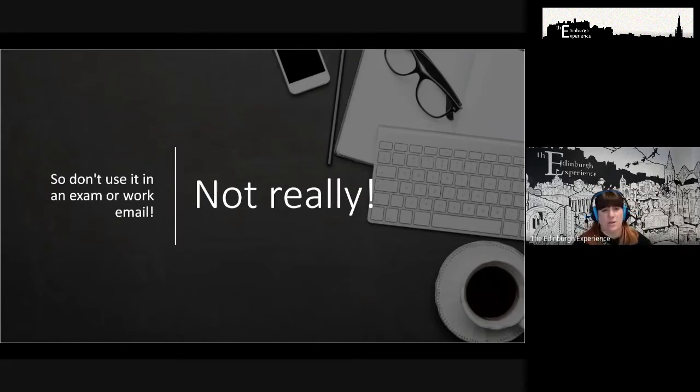It might appear in older English, it's a bit more archaic. So it does have a high frequency because of that reason. But it's not something that would normally be used in an exam level essay, for example, or a proposal, and so on. And it's not something that you would be using in a work email at all. Okay, it's not appropriate for that.